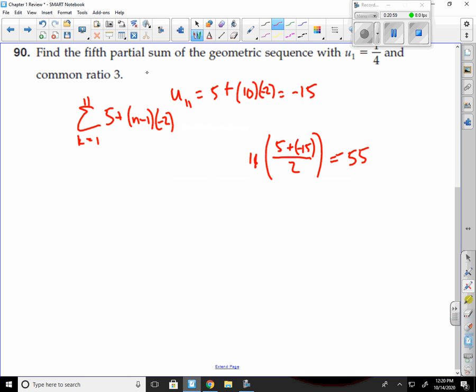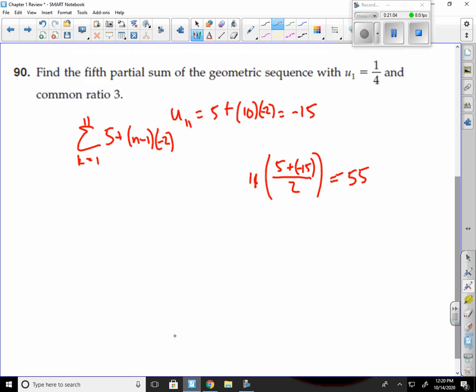Okay, let's find the fifth partial sum of the geometric sequence with u sub 1 equals 1/4 and a common ratio of 3. Now we're doing the formula for the geometric sequence.